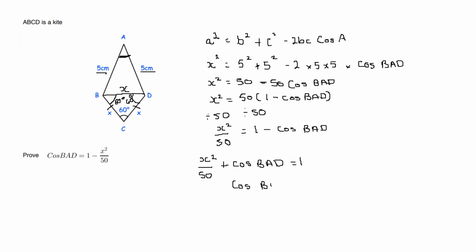So we're going to get cos BAD is equal to 1 minus x squared over 50. And if we have a look at what we were asked to prove, we're there. So we can just write as required, and our proof is complete.